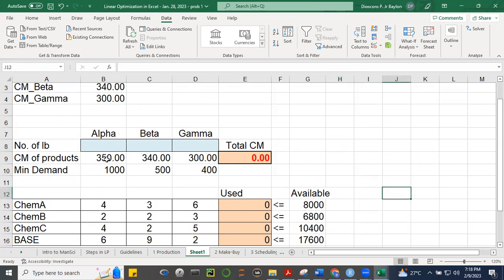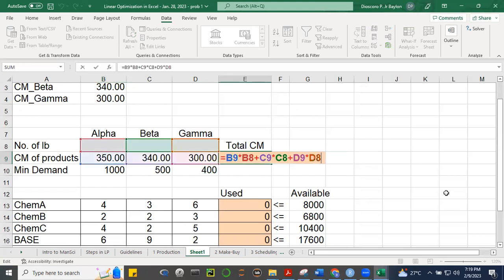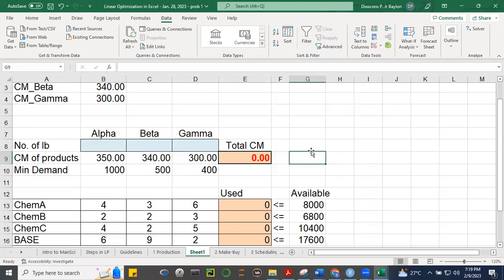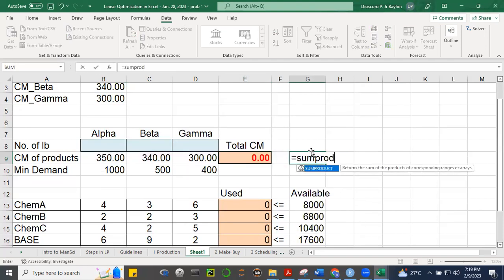We have segregated the contribution margin for alpha, beta, and gamma, so we can easily multiply this to the decision variables and use the SUMPRODUCT function. We learned about SUMPRODUCT, and it's more convenient rather than having to multiply this individually. So this is just the same as equal to SUMPRODUCT. So this is a lot easier.